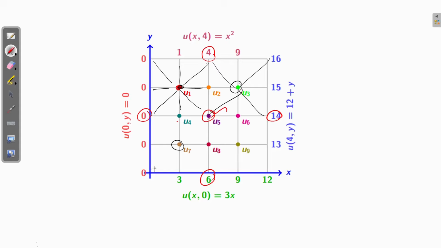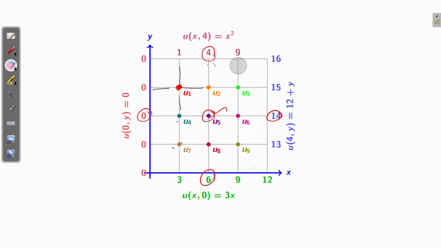Similarly, I can find U7: 0 plus U5, 0 plus U6, average of those four values. Similarly, U9 also: U5 plus 12 plus 6 plus 14. That's it, guys. This is the way to find the rough values. I hope you have understood now. Clear?